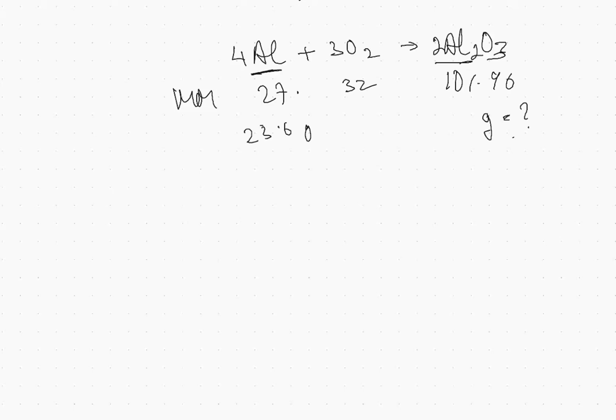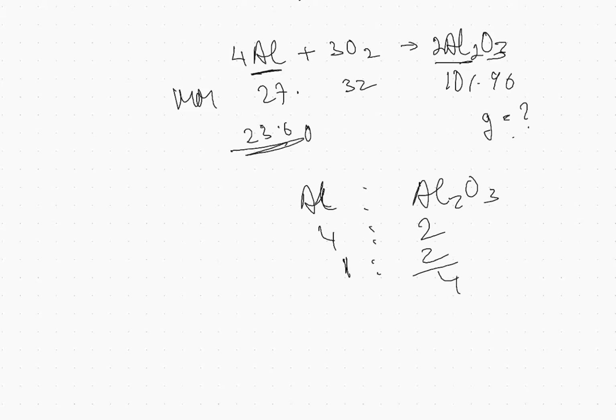Aluminum and Al2O3 are the ones we are talking about. The ratio from the balanced equation is 4:2. So 23.6 grams, first of all, we need to see how many moles there are. We do it by dividing by 27, the given molar mass. So 23.6 divided by 27, I get 8.74 moles.